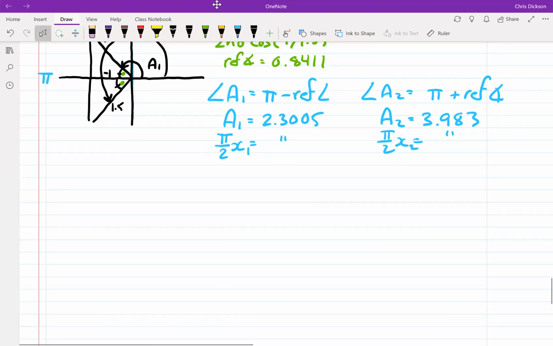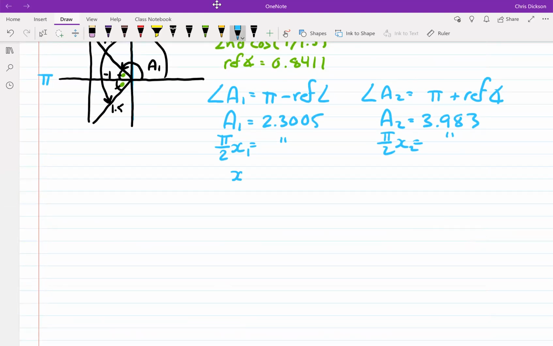There we go. Okay, let's take x2, I'll do this one because this is on my calculator already. So 3.98222, times it by 2 and divide it by pi. So I get x2 being 2.535 approximately.